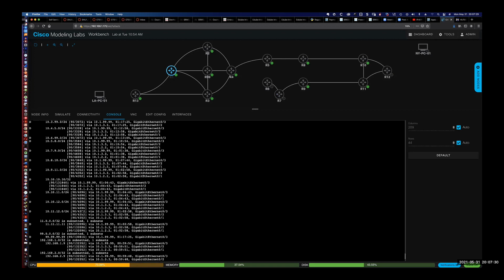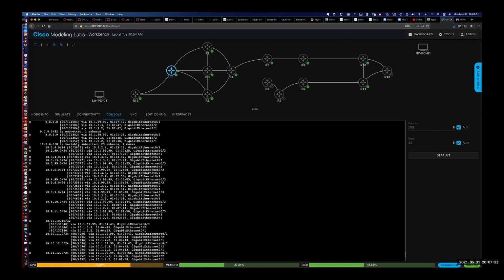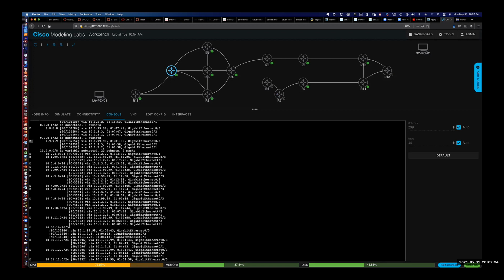that's being used. But if I scroll back up here, you can see that if we look at what we learned about the route to get to the loopback address of router 9, which is the 9.9.9.9 here, you can see that the administrative distance is 90 because it's internal EIGRP as opposed to external EIGRP. And then we have these via statements here, right?